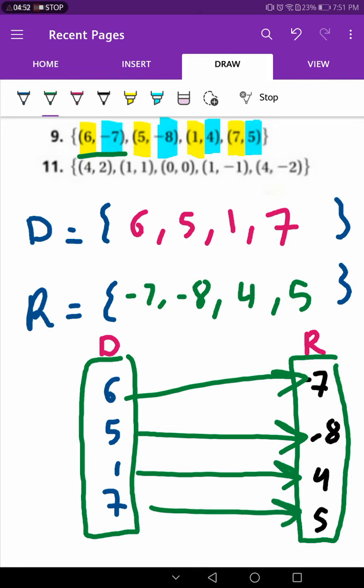Now the question is, is this relation a function? Go and check the x-axis only. Do you see any repeated number here? No, teacher. We don't have any repeated number in the x-axis. So this relation is a function.